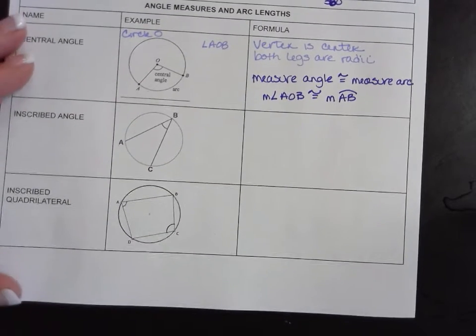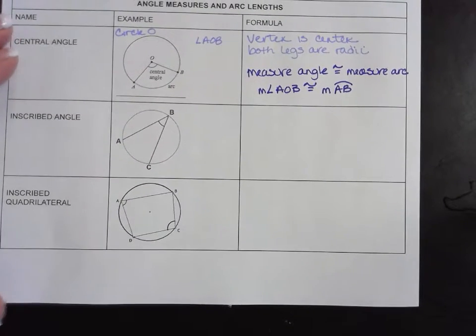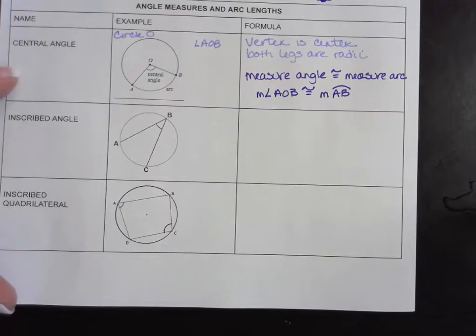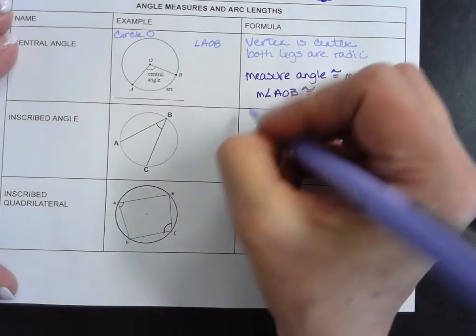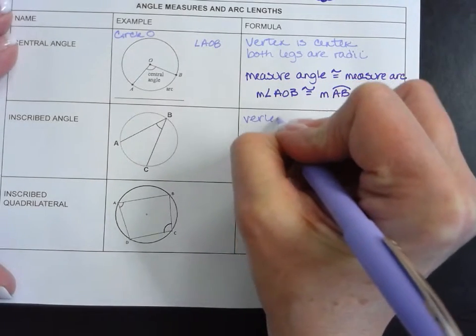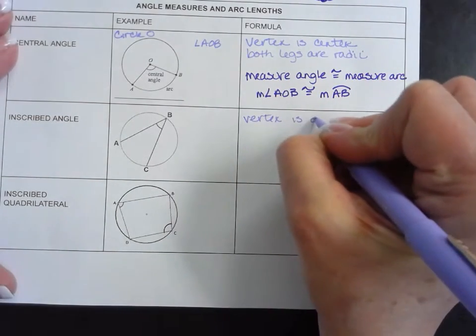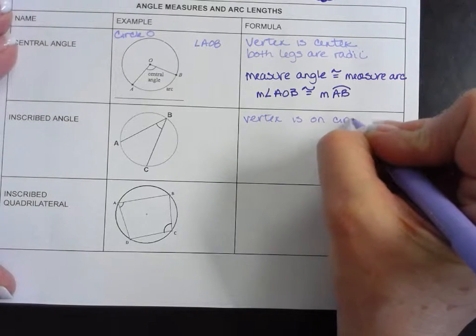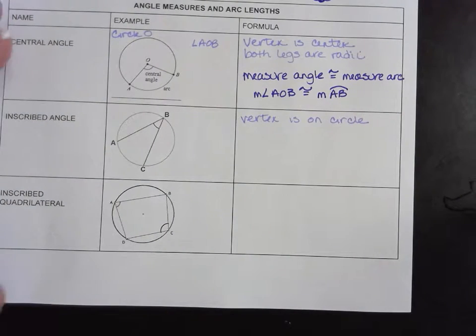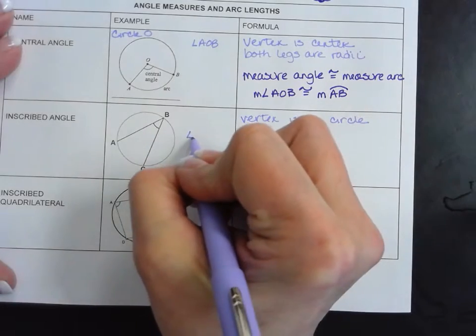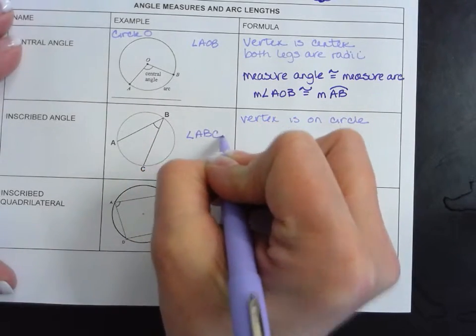Okie dokie. Inscribed angle. What's the definition? What makes it different than a central angle? It goes all the way through the circle because the vertex is on the actual circle. Perfect. So this would be angle ABC.